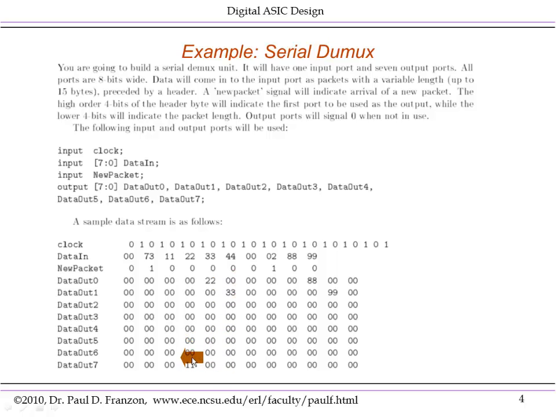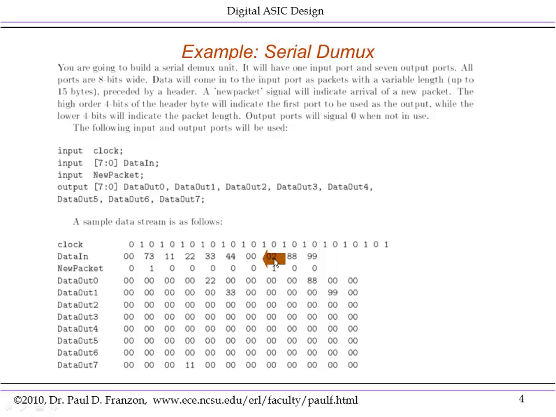So the idea is I send a packet there, then a packet there, then a packet there. So the 7 indicates where I send the first packet, to port 7. The 3 indicates how many cycles I'm doing this for. I'm doing this for 3 cycles, 1 cycle, 2 cycles, 3 cycles.